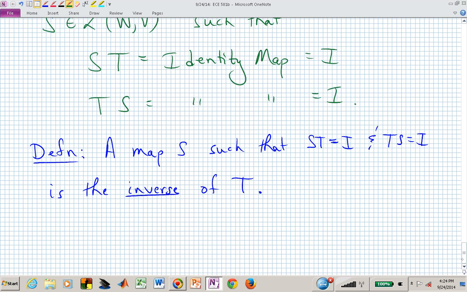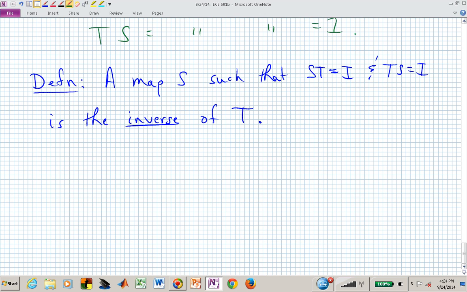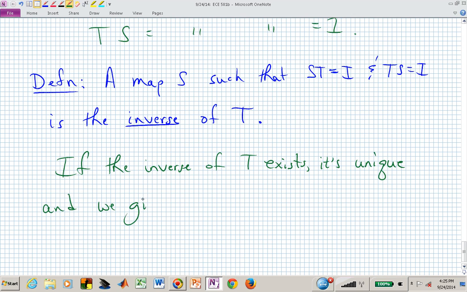And sometimes we will just write that in the common way as T to the exponent minus 1. If the inverse exists, that inverse is unique, and we give it the symbol T to the minus 1.